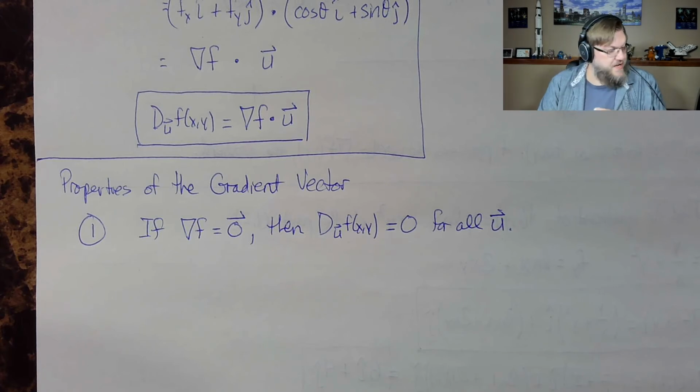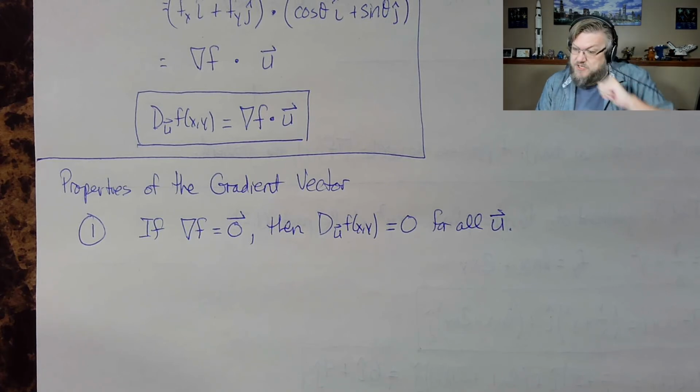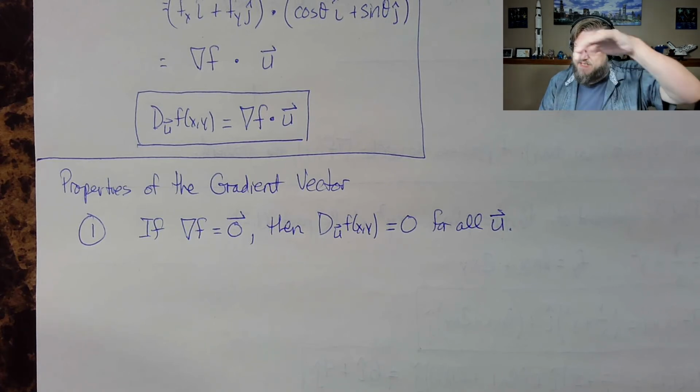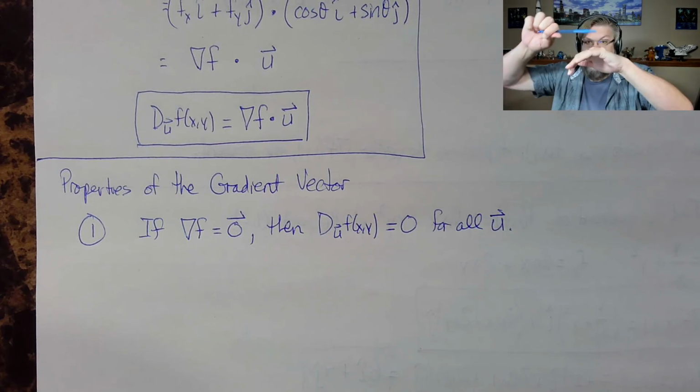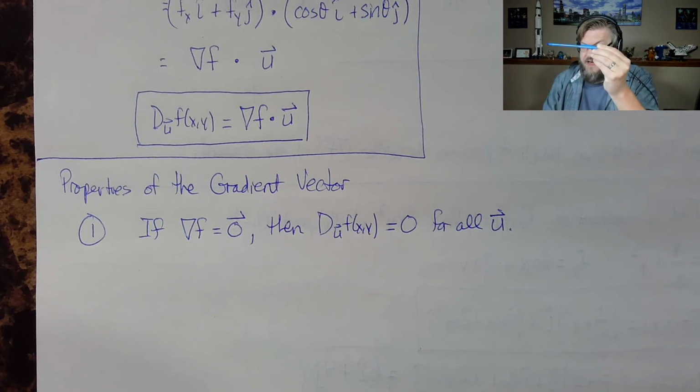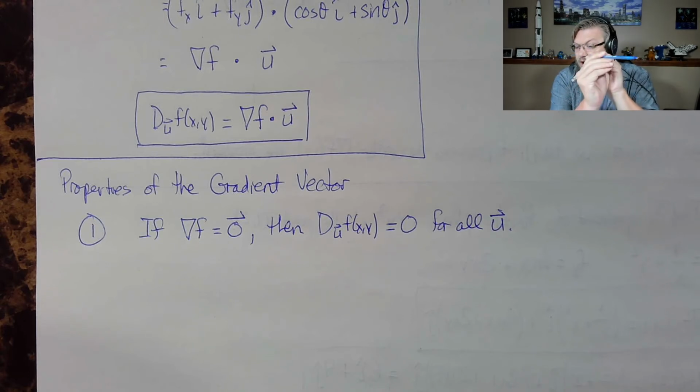So maybe you're at a peak. Could you see that? You're standing at the peak and you look around, and the slope at the peak is 0 all the way around.